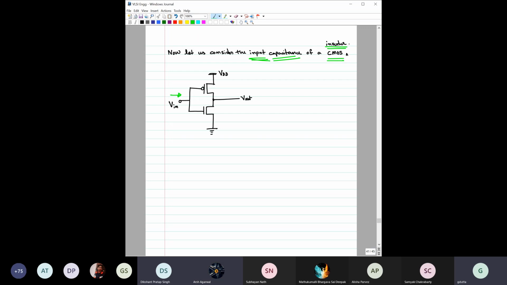So can you give me some estimation? I agree with you. For example, if we consider both are in triode, or one is in cutoff, is that possible? Actually, that was an impossible case. But one in cutoff and one in saturation, we can consider that. Yes.